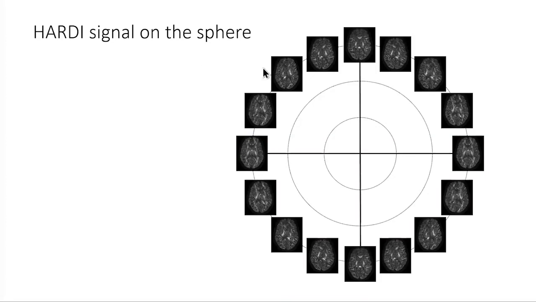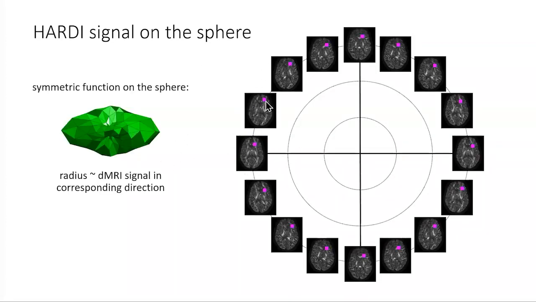To better visualize this, we can pick out one voxel and then plot the signal intensity onto the sphere, where the radius is proportional to the diffusion MRI signal along that corresponding direction.